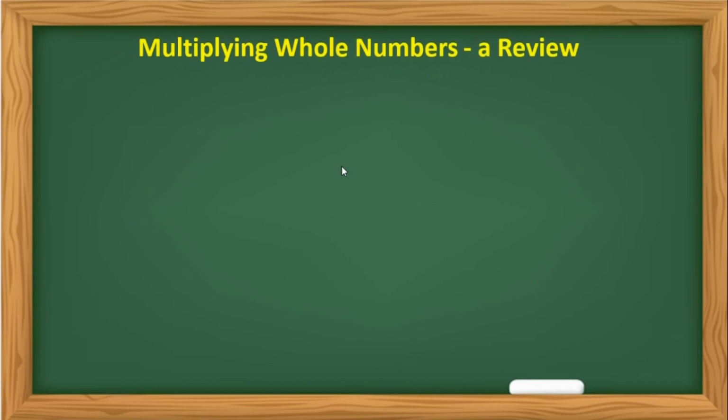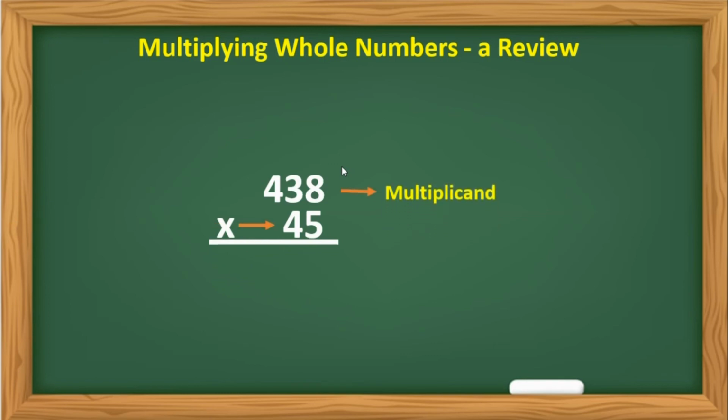So multiplying whole numbers, this is just a review. Let us have a review first before we proceed to our topic. For example, we have 438 times 45. 438 is our multiplicand, and 45 is our multiplier.